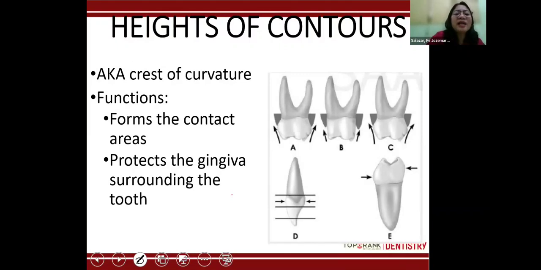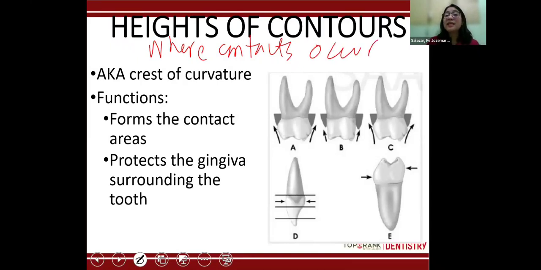Okay, ano ulit ang heights of contours where contacts occur? Tama? Diba? This is the area where you have your contacts. Nasaan ulit ang contacts? Mesial at distal only. Correct? So heights of contour are also known as the crest of curvature.